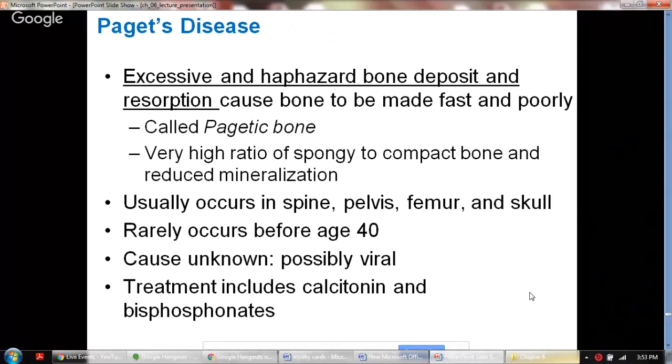It's called Pagetic bone disease, with a very high ratio of spongy to compact bone, and what you would see is reduced mineralization of your bone, and it usually occurs in the spine, pelvis, femur, and the skull. This rarely occurs before the age of 40, so it's commonly seen in old age. The cause for Paget's disease is unknown, but people think it's possibly viral. The treatment includes calcitonin and bisphosphonates.